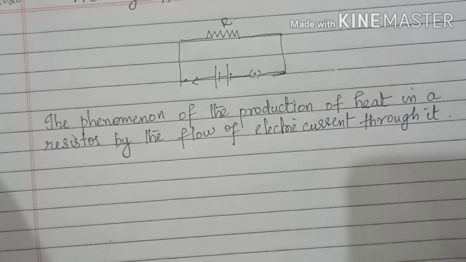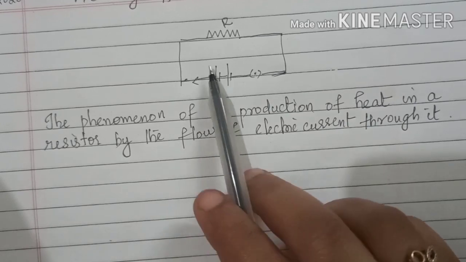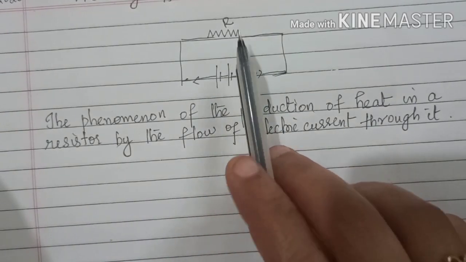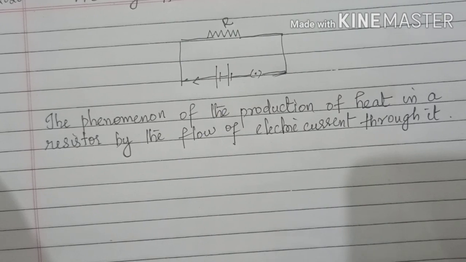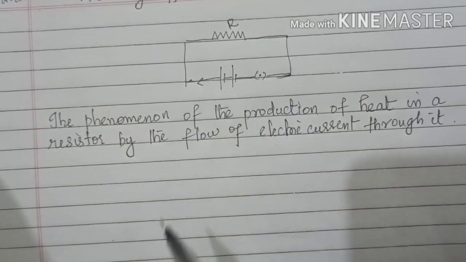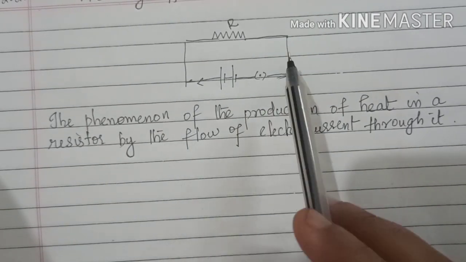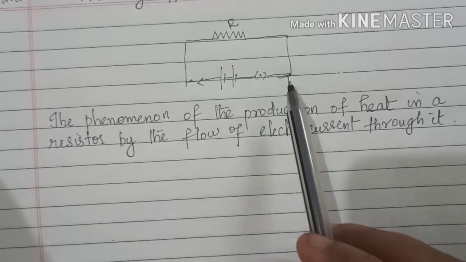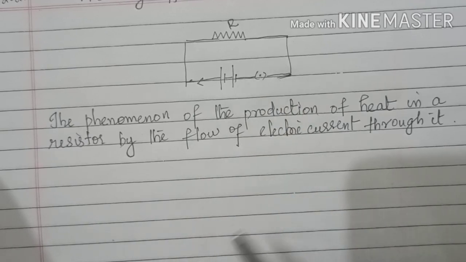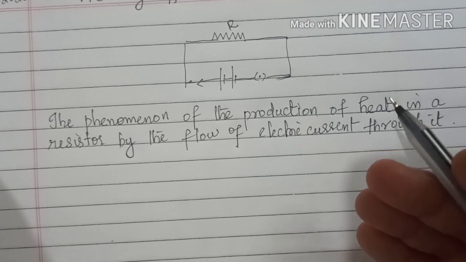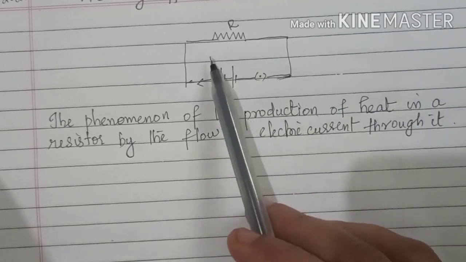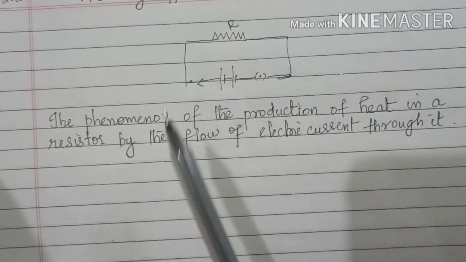This is because during the course of their motion, while the electrons are moving opposite to the direction of electric field, the electrons will collide frequently with the positive metal ions, also between them. The electrons are moving with which energy? Kinetic energy.